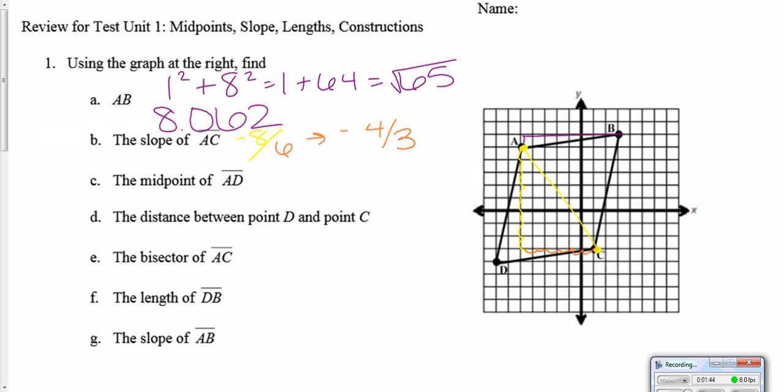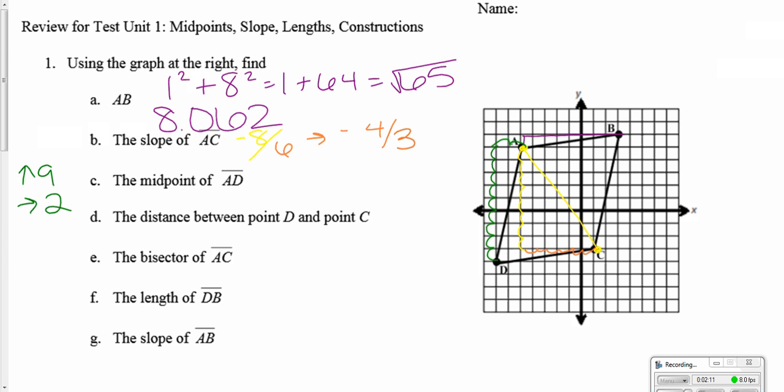All right, so the next one, I want to find the midpoint of AD. So I'm going to start from the bottom and go up. So from point D to point A, I had to go up 3, 4, 5, 6, 7, 8, 9. So I went up 9, and then I went over 2. So to find my midpoint, remember I want to take the middle of both of those numbers.